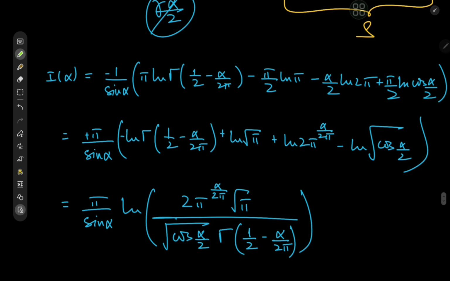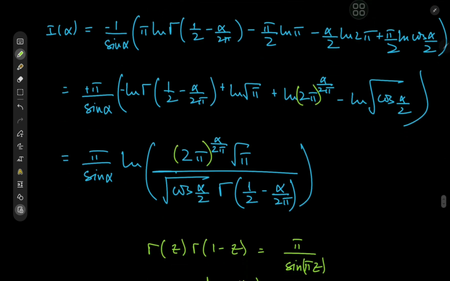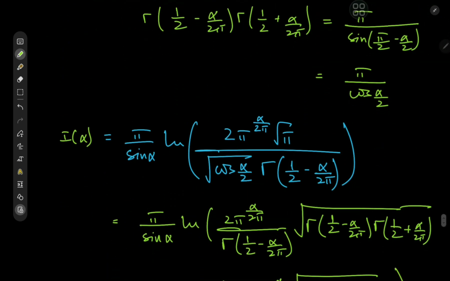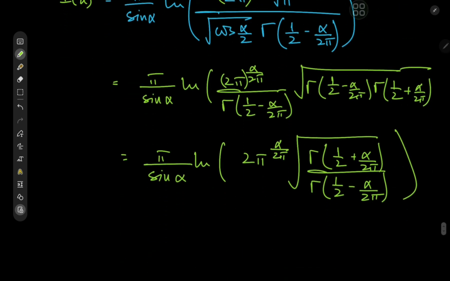Whereas over here, it looks like I'm applying it only to the pi, although 2 pi is itself just one number. So I guess it's not that wrong, but yeah, bad notation. Anyway, so this is just something that's going to be carried forward. There we go. So we have the whole thing to the alpha by 2 pi.